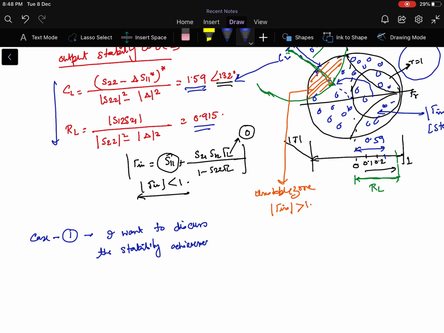What does that mean? Suppose for a particular case of transistors, you draw the input and output stability circle.